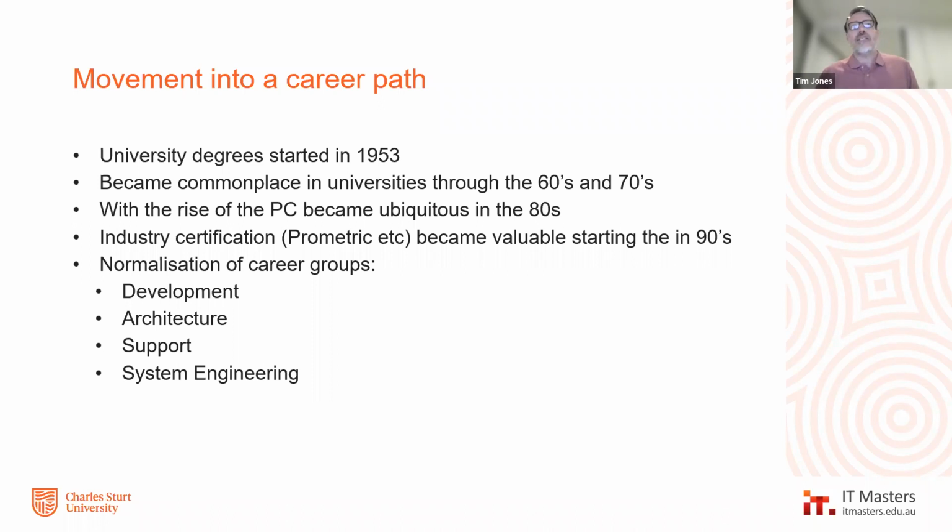It then essentially exploded, especially in the very large universities through the 60s and 70s, and became a standard part of how we saw universities and the career capabilities of people grow through that period, especially as the number of computers continued to grow at the same time.